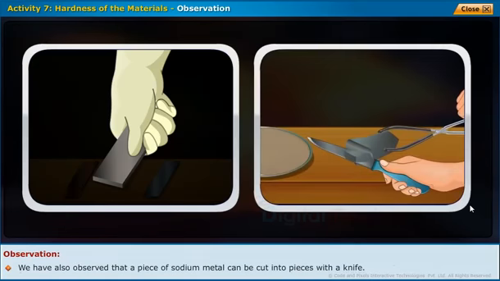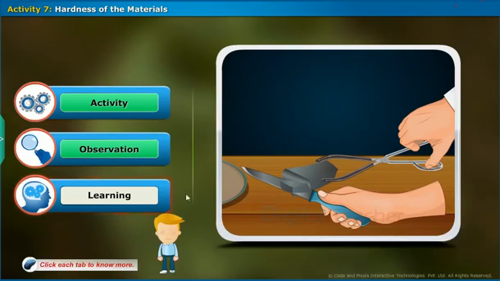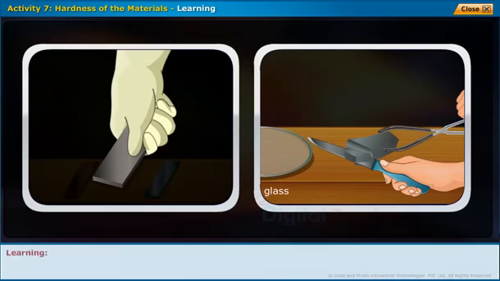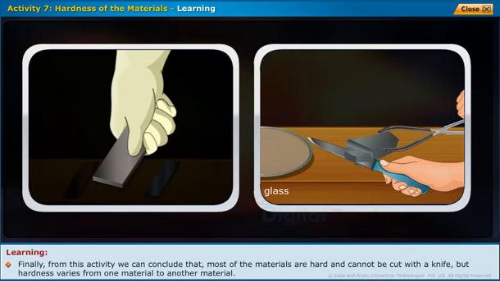We have also observed that the piece of sodium metal can be cut into pieces with a knife. Finally, from this activity, we can conclude that most of the metals are hard and cannot be cut with a knife, but hardness of metals varies from metal to metal.